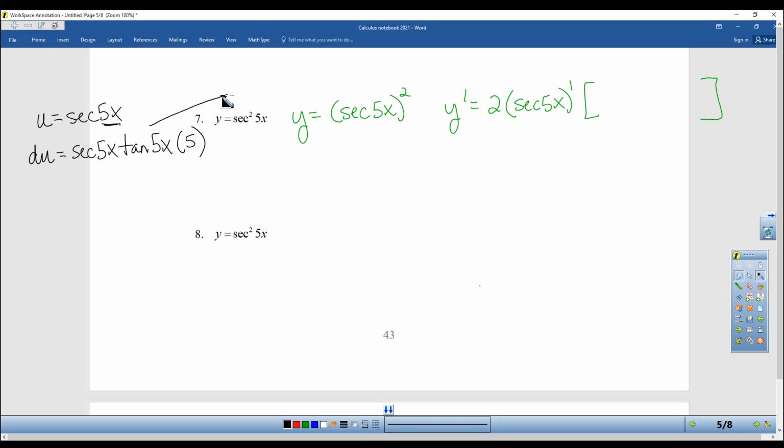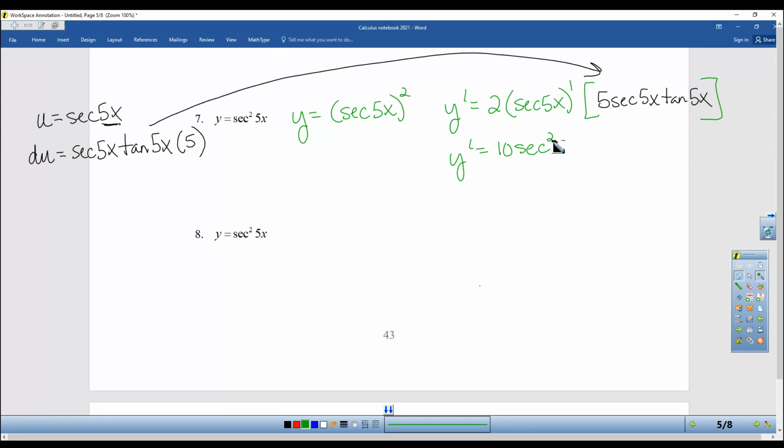All of this is what needs to go there. So 5 secant of 5x, tangent of 5x. So your final answer is 10 secant squared 5x, tangent of 5x. This extra 5 right here, that's what people forget.